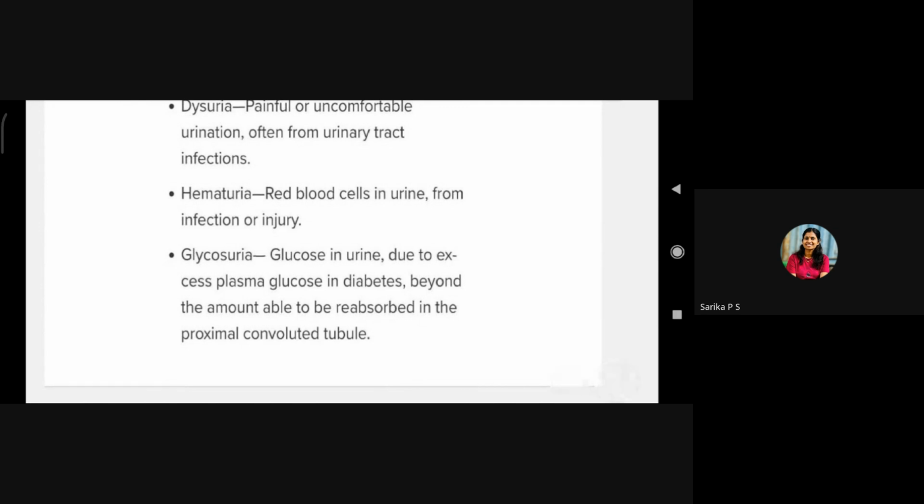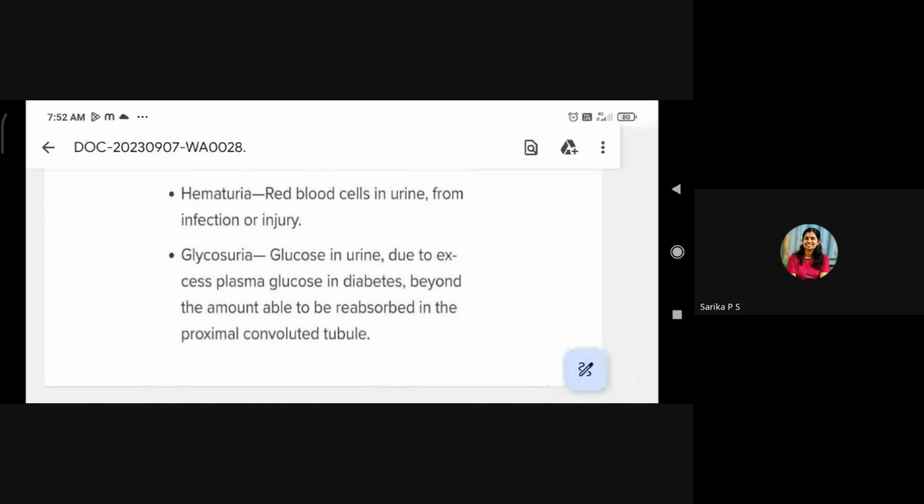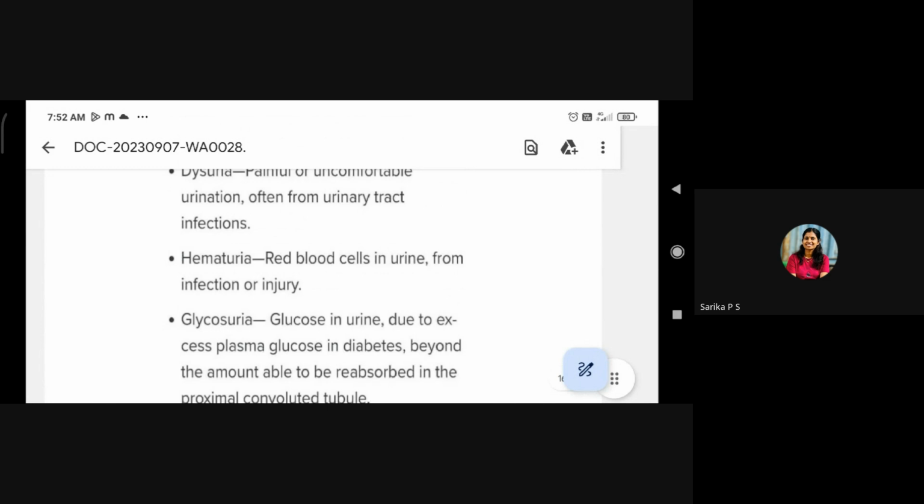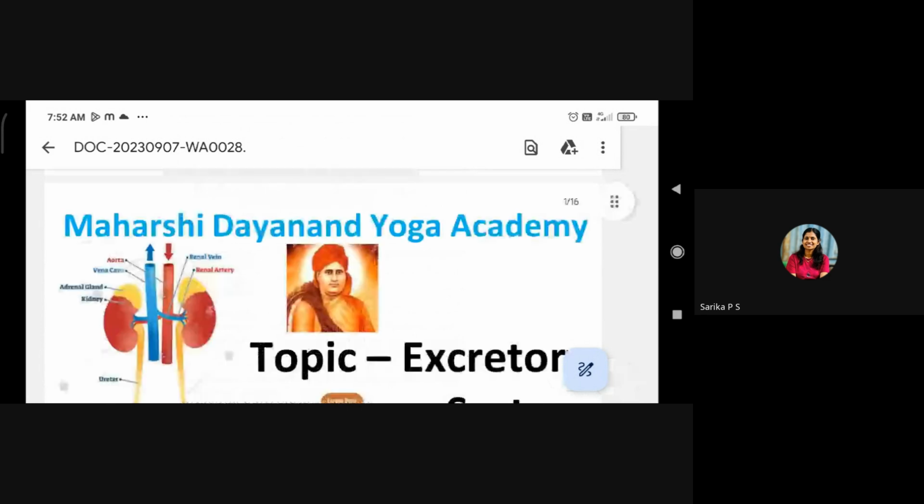We have only included the main excretory system, that is the renal system. I hope you remember that we discussed in the beginning that this is not the only excretory system.